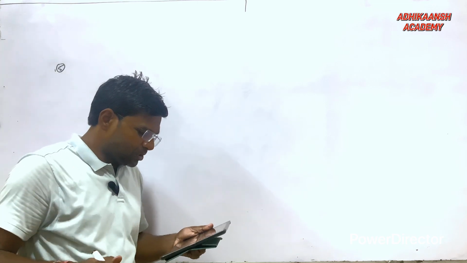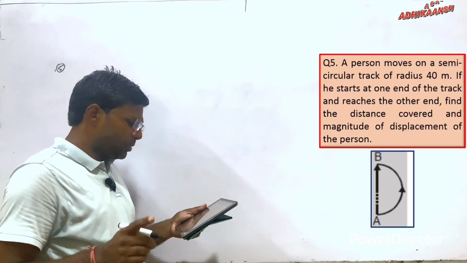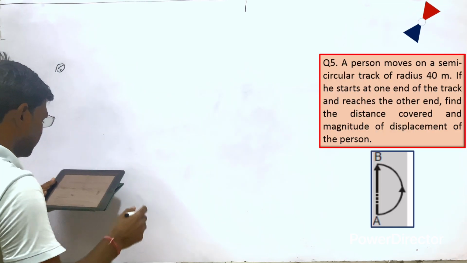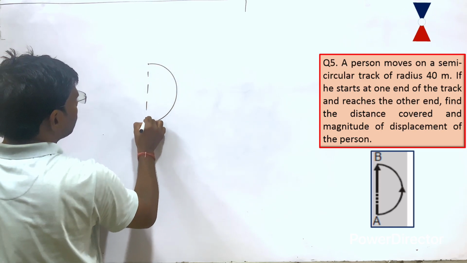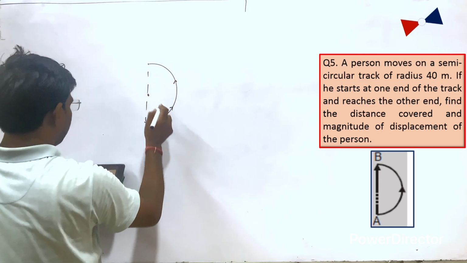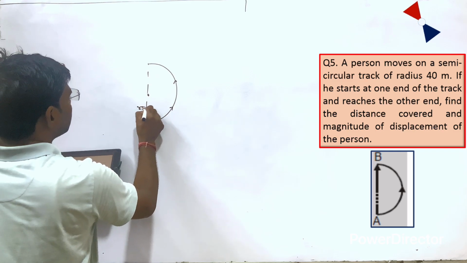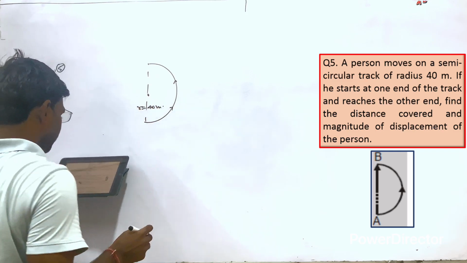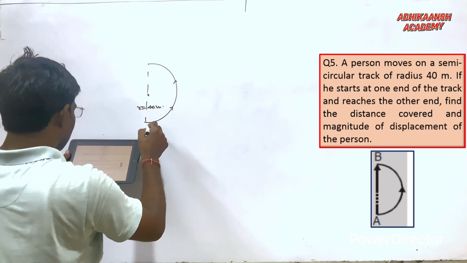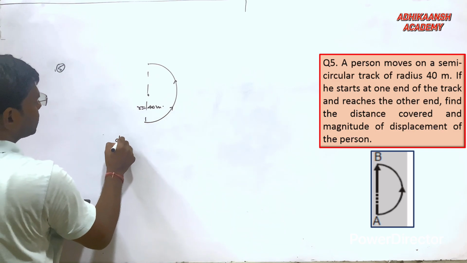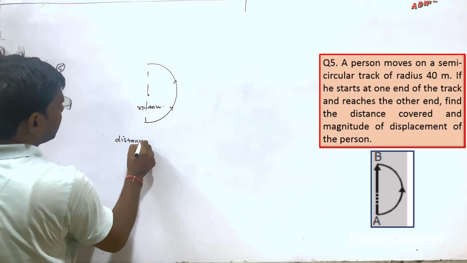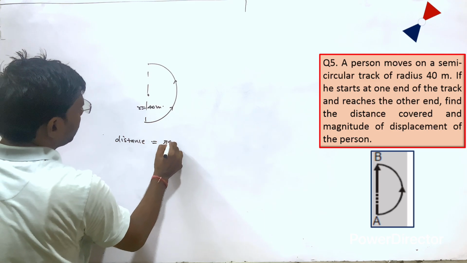Okay. In this question, a person move a semicircular track of radius 40 meter. So a person move in a semicircular arc or the semicircular track of the radius is 40 meter. If we start from one end and reaches to the other end, find the distance and the displacement. So the distance in this case is nothing but the path length, and the distance is pi into r.